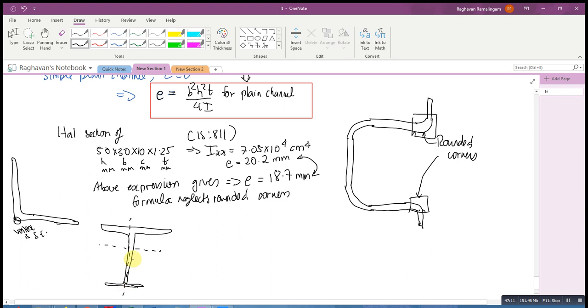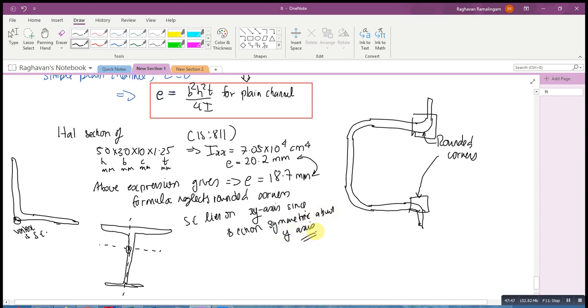Okay, and once again here also it will lie on the center of gravity, because this thing is symmetric about its y-axis. Whenever you have symmetry about the y-axis, you're going to have your shear center lying on the y-axis. So SC lies on the y-axis since the section is symmetric about the y-axis. Okay, so this is shear center.